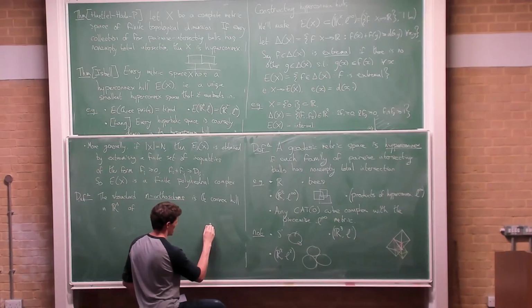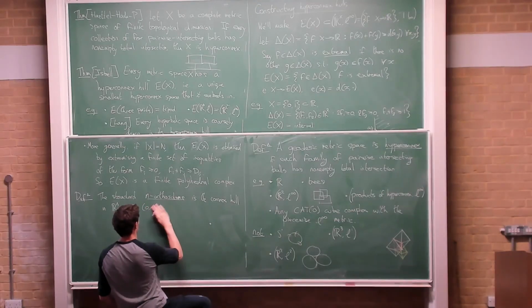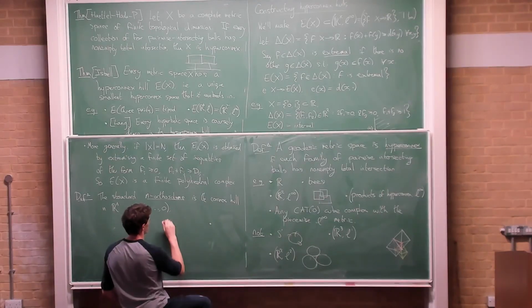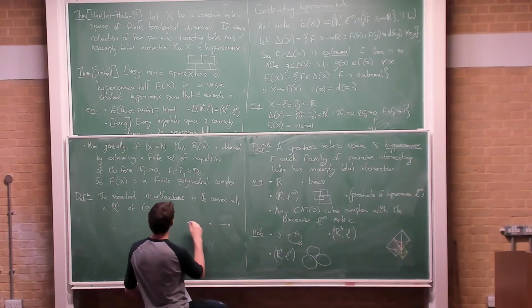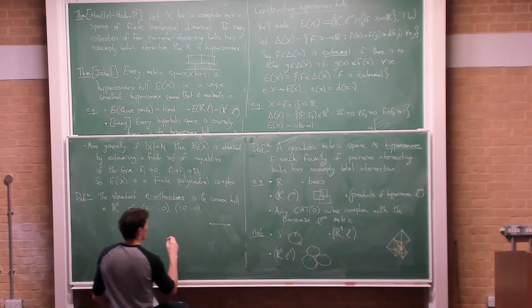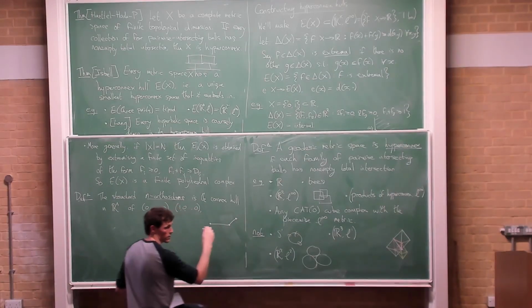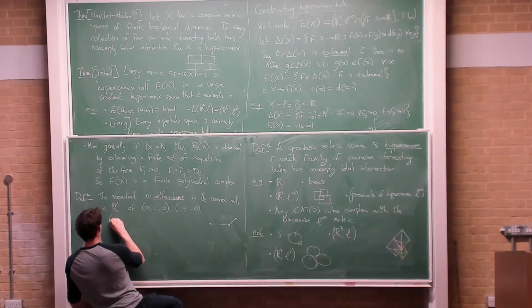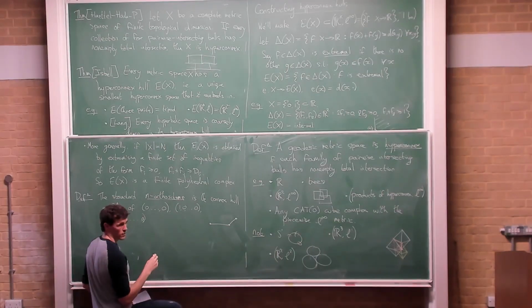So you've got the origin, and then I put 1 in the first coordinate. And then I go 90 degrees, and I put 1 in the second coordinate as well. And then I keep going.